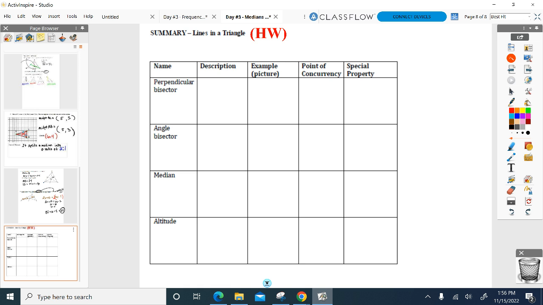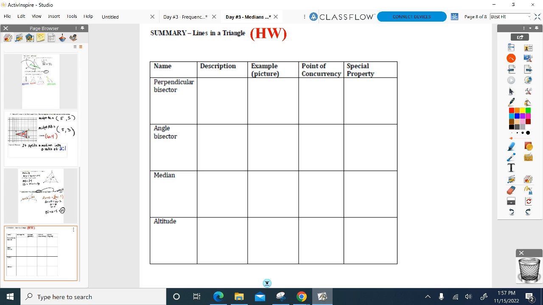What's it do? It cuts a perpendicular line in half. Can't cut a line in half. At a 90 degree angle. Okay, let's regroup here.